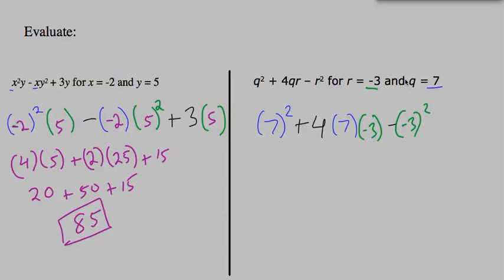And now I'm simply going to follow the order of operations to simplify. Parentheses first, I get 49. And this we can evaluate. 4 times 7 times -3. We'll just do 1 to start with. 28 times -3 minus, inside this parentheses, I'm squaring it.